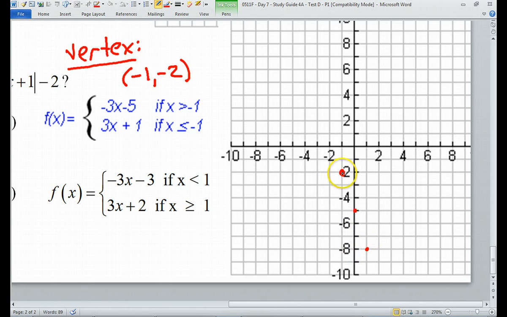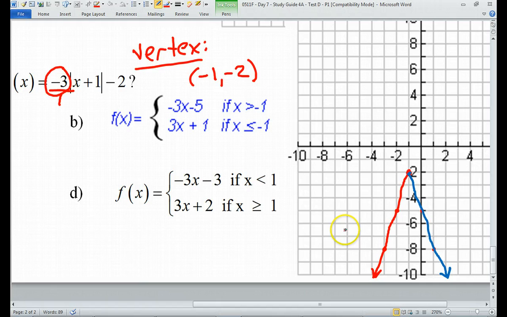And if I do the mirror image of that, that would be down 3, left 1, down 3, left 1. So this shows me where the graph is and what it looks like. Alright, so this is what the graph is.